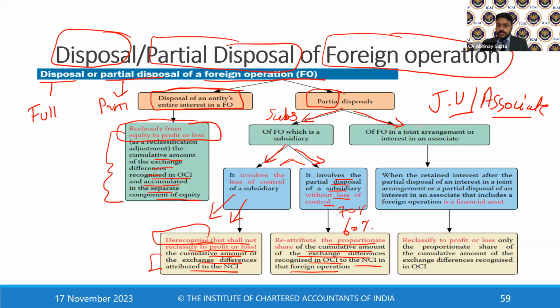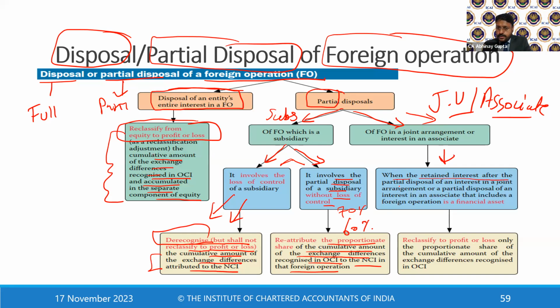And if it is not a subsidiary, if it is either a JV or an associate, then it is not a question of losing control or gaining control. So there wouldn't be two scenarios like we had in the case of a subsidiary. Now, in this case, what will happen?